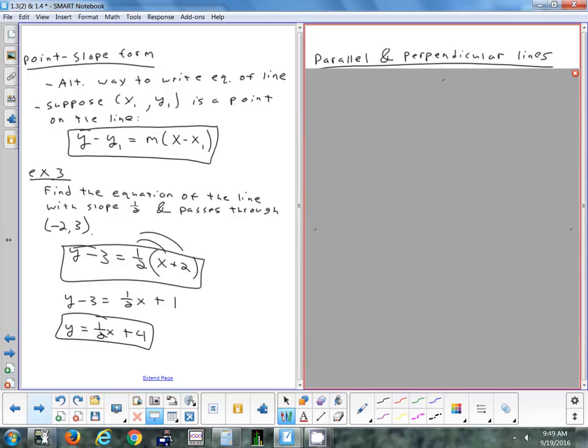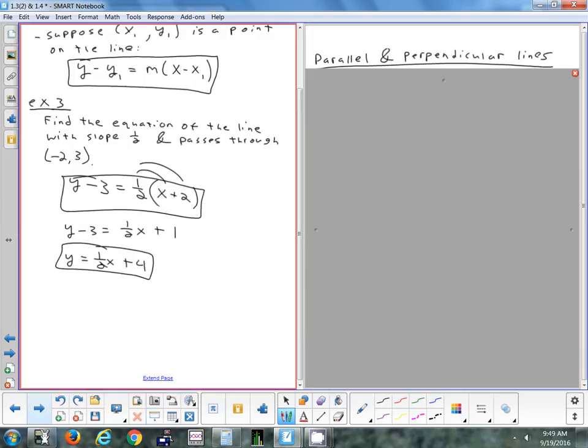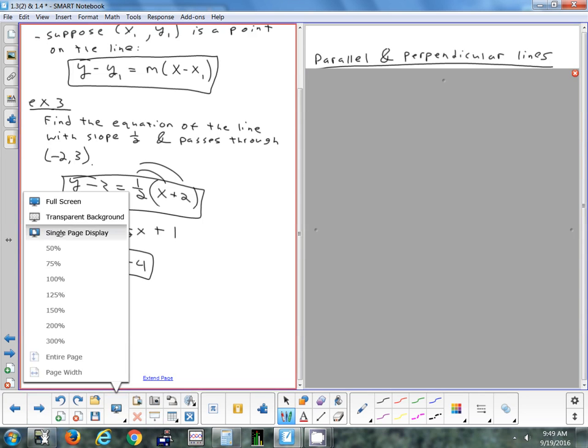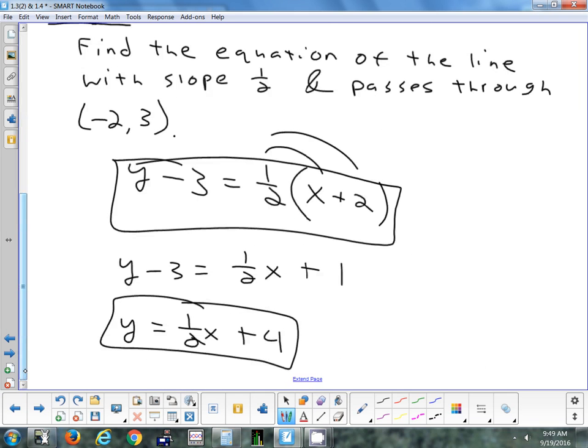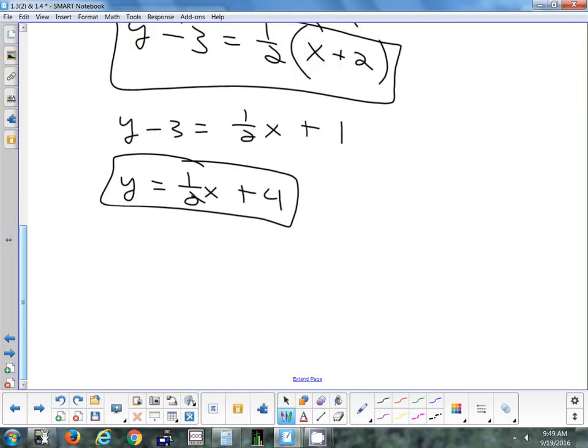Okay, sometimes they even write it in what's called general form. I don't want to spend too much time on that. But does anybody see what I could multiply everything by here, and it would get rid of all my fractions in that problem? Yep. You could multiply times 2. Yeah, multiply it by 2.